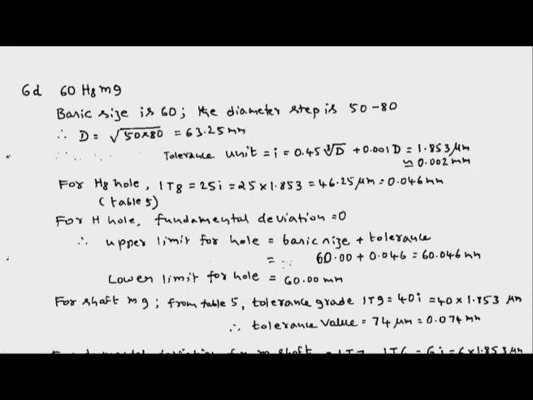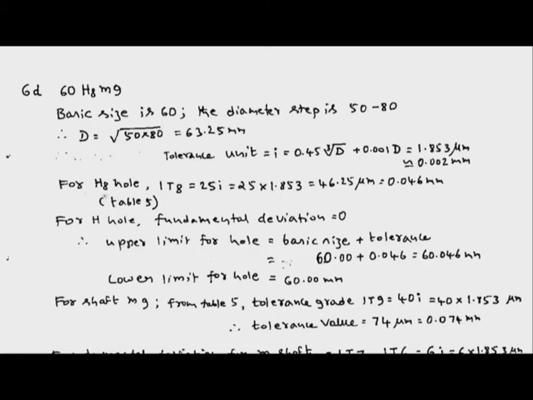Now, we will move to the next problem, wherein the basic size is 60 millimeter, and this falls in the step of 50 to 80, and then the mean diameter is 63.25 mm, and we can find the tolerance unit using this relationship, and when we feed this 63.25 in the equation, we get a tolerance unit of 0.002 millimeter.